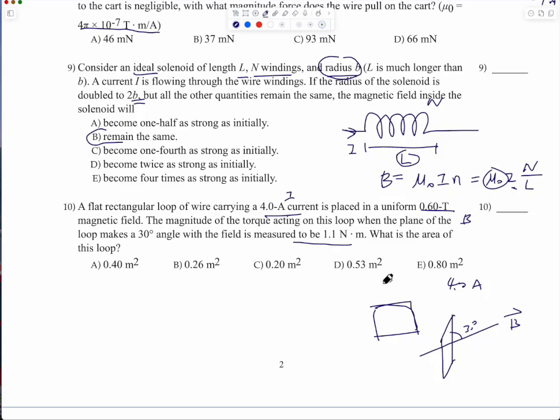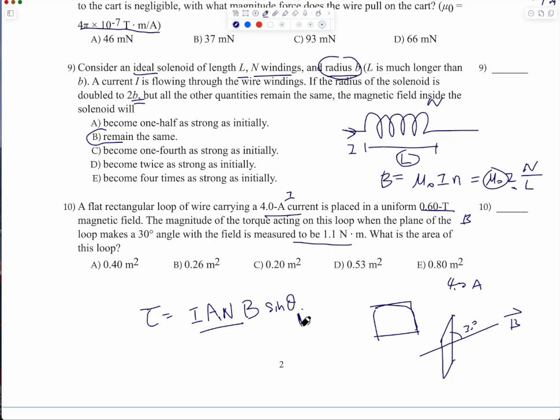All right, this is very important. We know the net torque on a current loop depends on a few quantities: the current, the area, and the number of turns, and also the magnetic field B. What else? You have a sine of an angle.